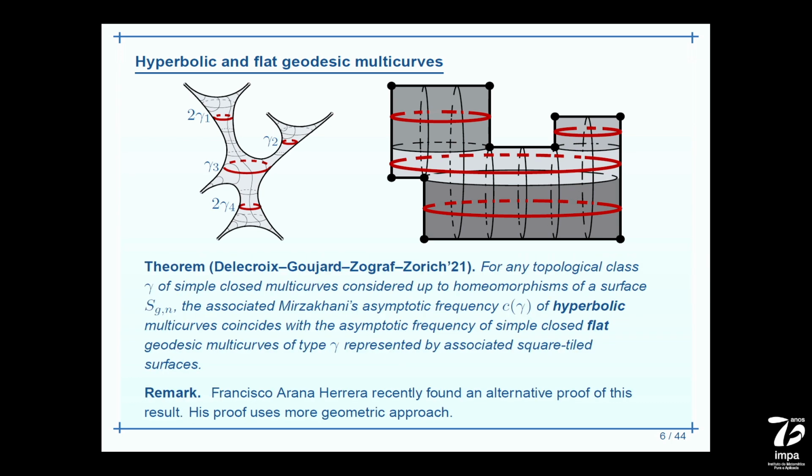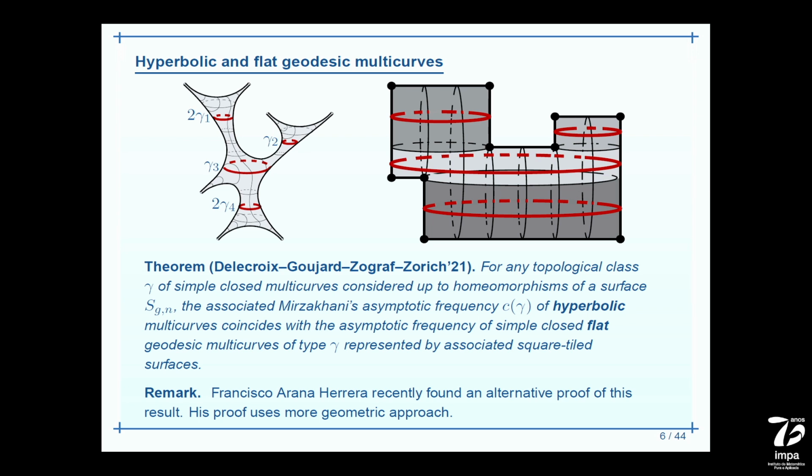For any topological class of a multi-curve, the frequency, which we have just seen, the c of gamma in the theorem of Mirzakhani of corresponding hyperbolic multi-geodesics, is the same as frequency of square-tiled surfaces of the corresponding type.